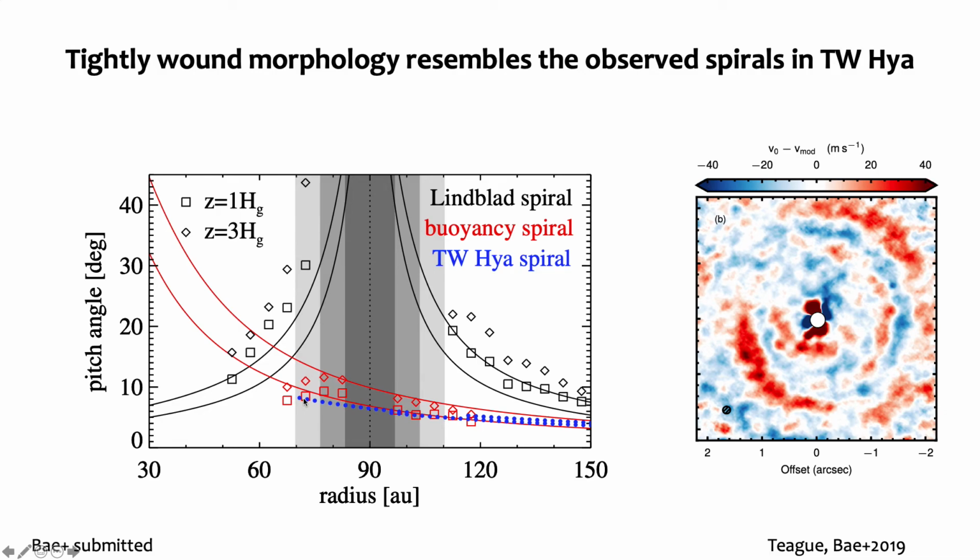In the traditional theory, the Lindblad resonance, you get a very large pitch angle, especially near the planet. The pitch angle is as large as 90 degrees, whereas for buoyancy resonances, it is usually very small, especially near the planet, and that is one of the main characteristics of the buoyancy resonances. So we believe that buoyancy resonances explain these observed spirals in TW Hydra much better than the traditional Lindblad resonance theory.